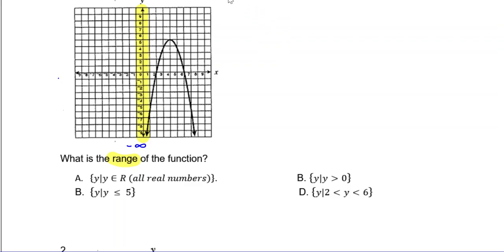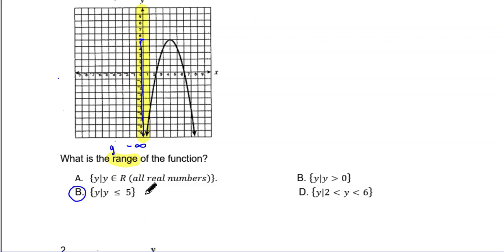So it looks like my range is starting from negative infinity and then it's going all the way up to 5 right here. Another way we can look at it is range, which is always the y-axis. Since it's going down, it's going to be y less than 5.